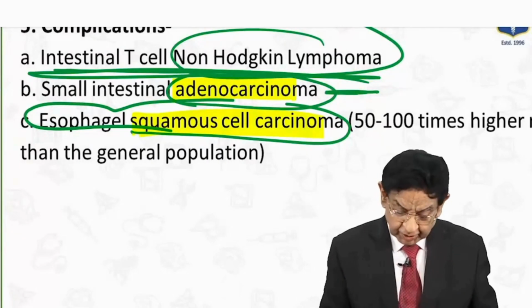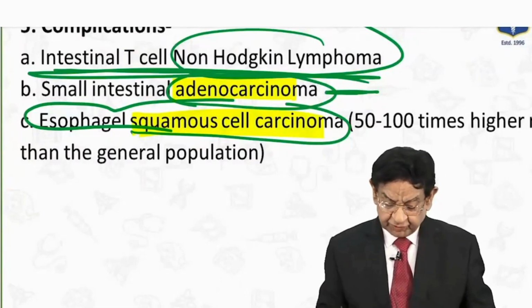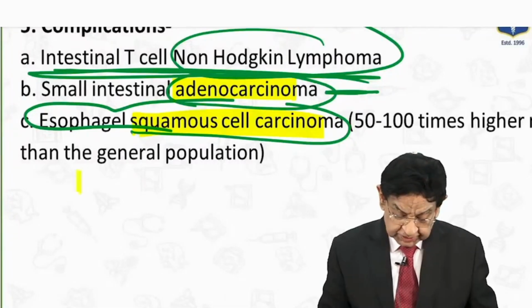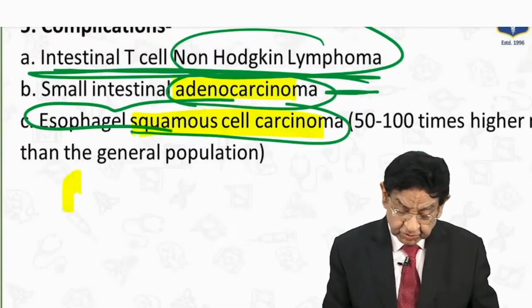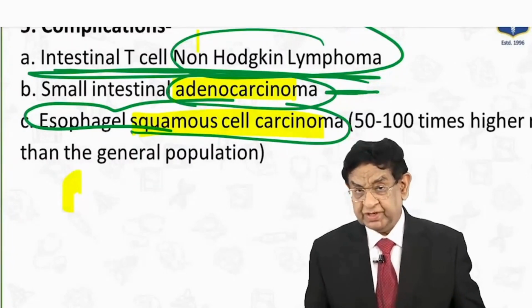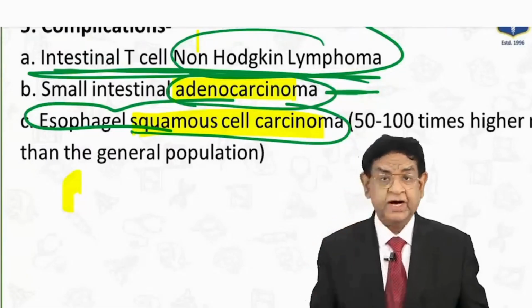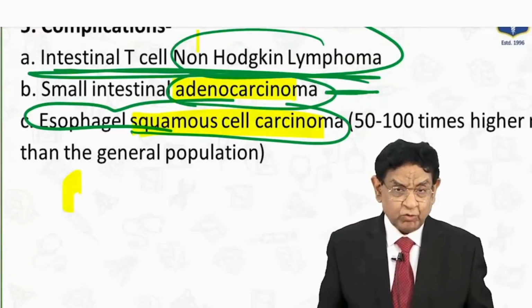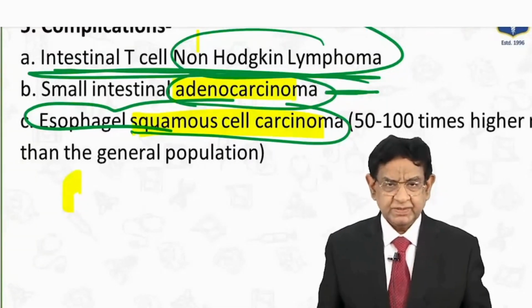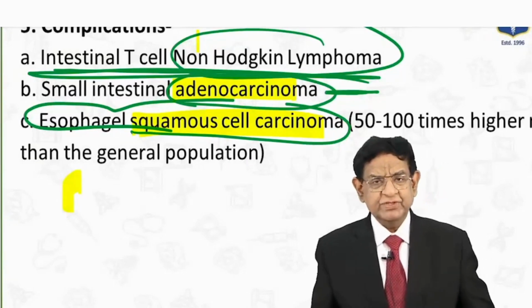I hope you all remember that in the esophagus, GERD, gastroesophageal reflux disease, can lead to Barrett's esophagus, which can lead to adenocarcinoma. Quite possibly he will ask a question about celiac disease leading to which type of esophageal carcinoma.